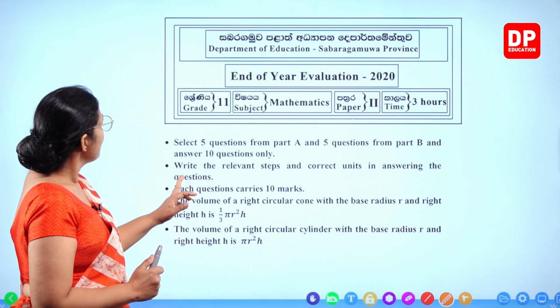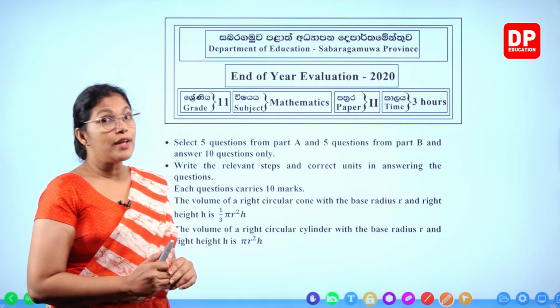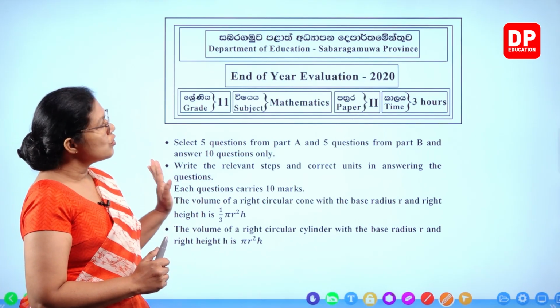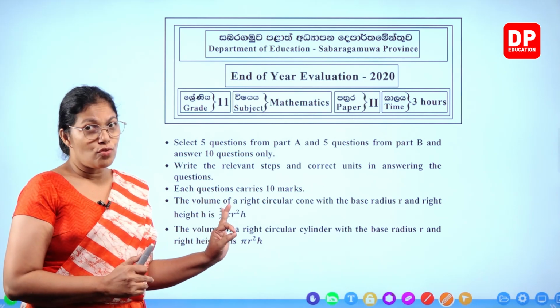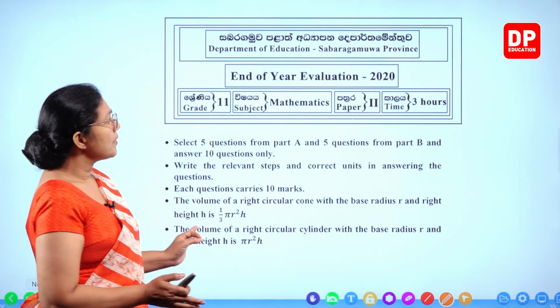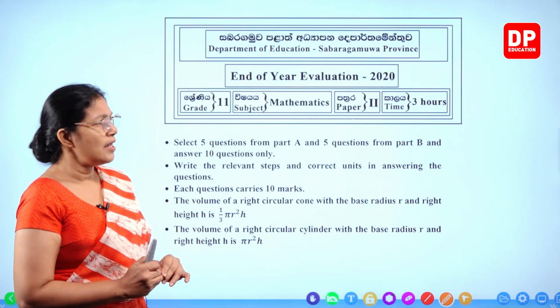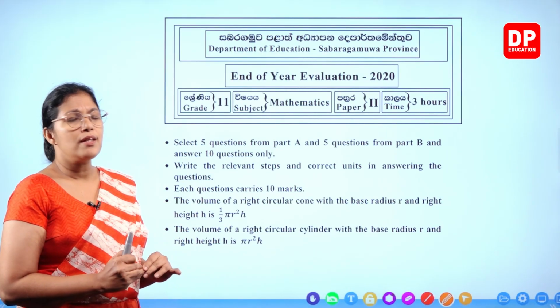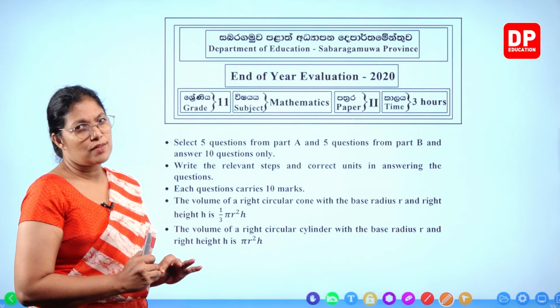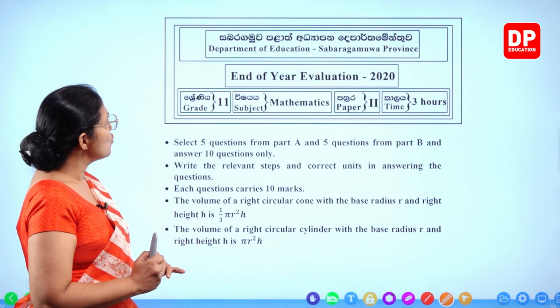How many minutes can you spend for each question? There are 10 questions you have to do and you get 3 hours. So for each question you can spend 18 minutes maximum.